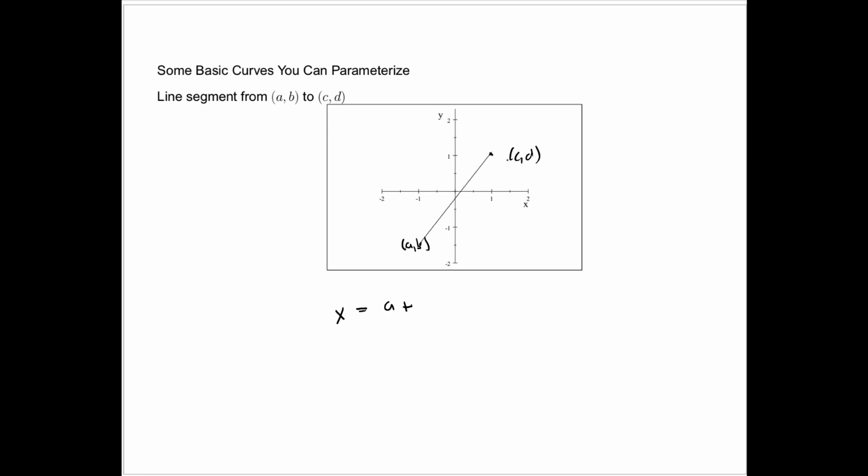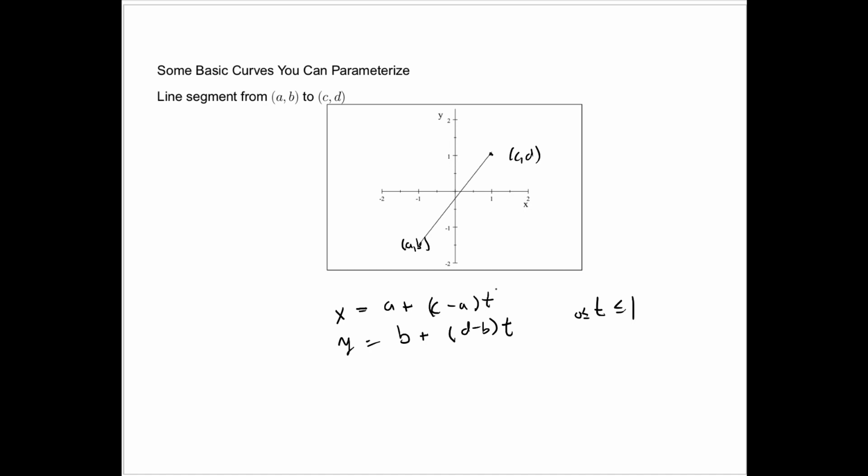The difference in the x-coordinates is c minus a, so I'm going to add c minus a times t. Similarly, y will be b plus d minus b times t. And again, we'll run t from 0 to 1.